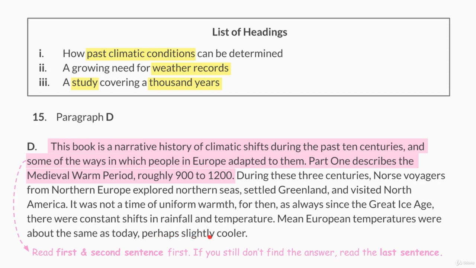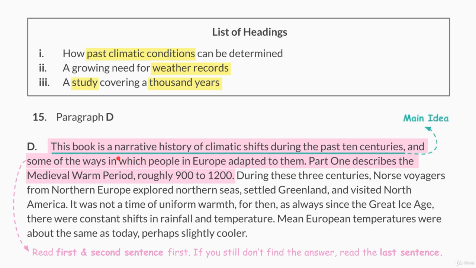Now here's what I want you to do. I want you to think about, what are these 2 sentences talking about? What is the main idea being communicated in these 2 sentences? Take a moment to think that through. What is the main idea? What is this paragraph going to talk about?